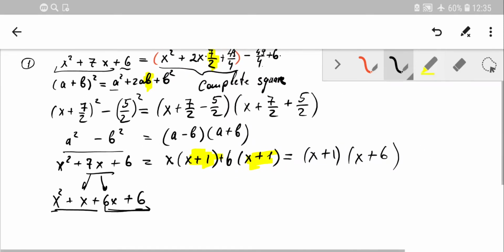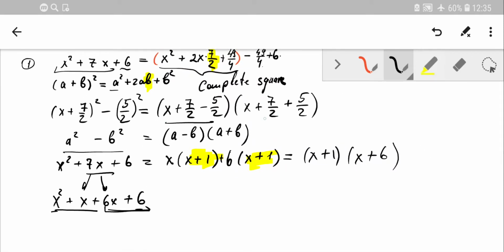You might be asked why we have this so weird, instead of what we normally have here. Because what you need to do is add 7 over 2 and 5 over 2 and also subtract. So let's see how we can simplify so that you won't have any doubts that they're the same. If we simplify, 7 over 2 minus 5 over 2 is 2 over 2, or simply 1.